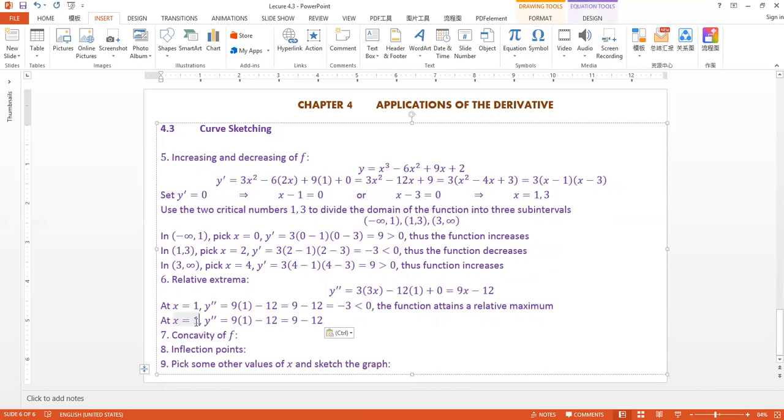So at x equal to 3, the second derivative equals 9 times 3 minus 12. So that's 27 minus 12. So that's 15. So that's positive. I hope I did everything right.